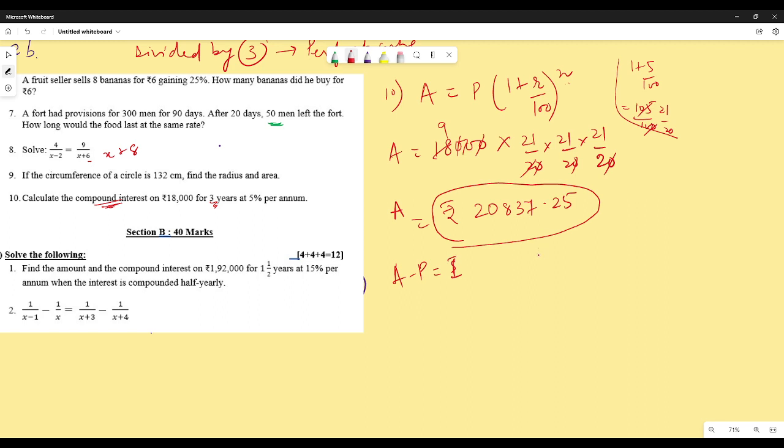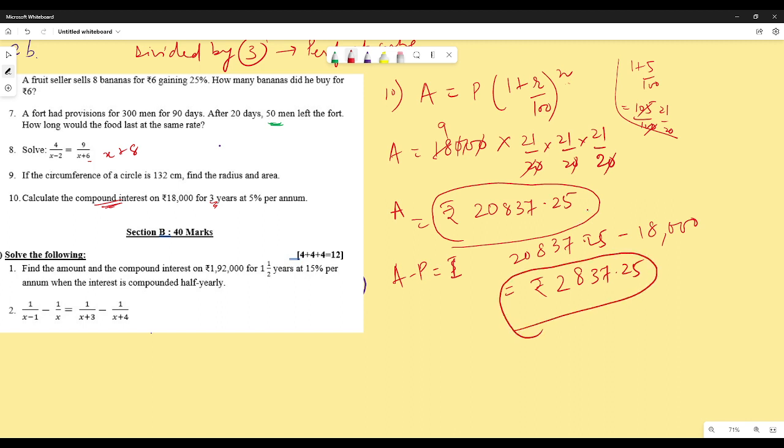So 20837.25 minus 18,000 will give you the interest, and when you subtract it correctly, you will get the value of interest as 2,837 rupees 25 paisa. So this will be your answer, not this one.